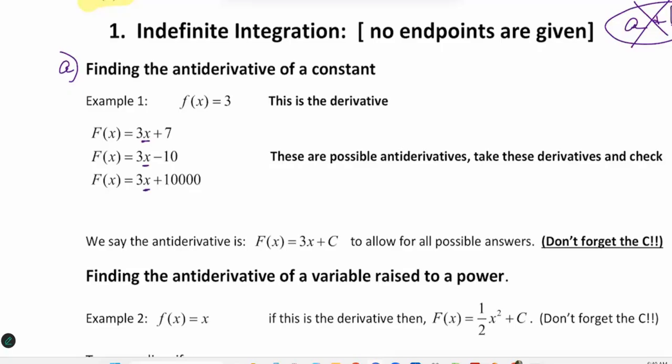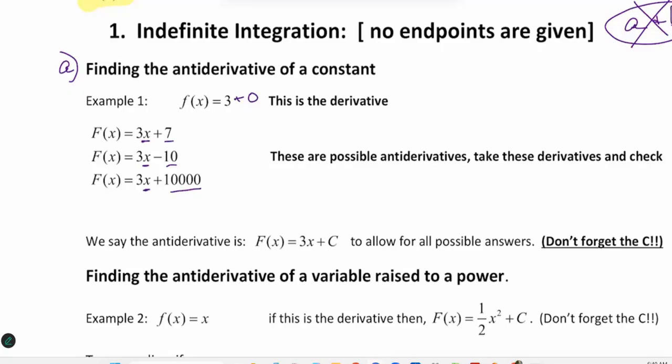Now remember, when you take the derivative of a constant itself, like the 7, the 10, or the 1,000, that is going to fall away. I'm not going to have that plus 0 here because I don't need it. So therefore, when you work backwards, we can't really get the original function because we're not sure what that initial constant was. So how do we handle this?